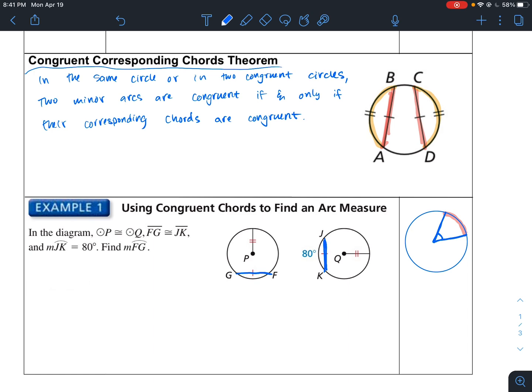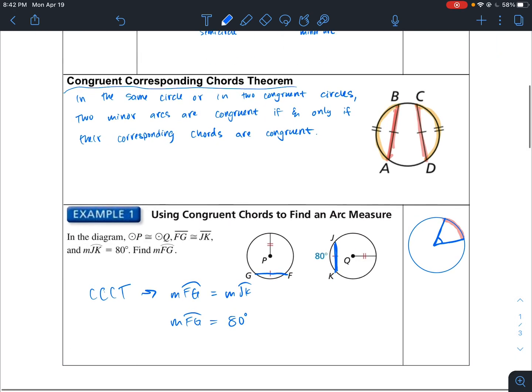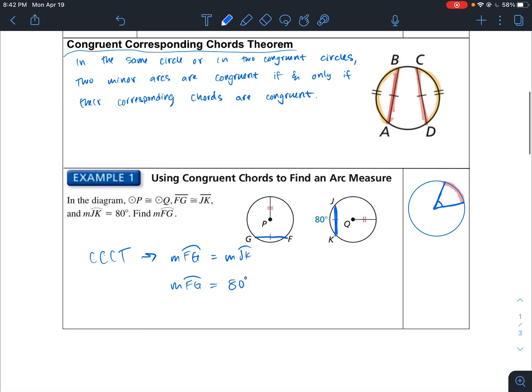So by the congruent corresponding chords theorem, CCCT, it follows that the measure of FG, so the chord FG, is equal to the measure of the chord JK, and we know that the chord JK is equal to 80 degrees. So then this one also has to be equal to 80 degrees. Okay, that's pretty much all it is.